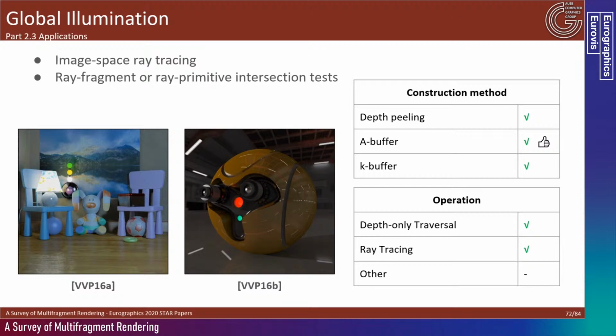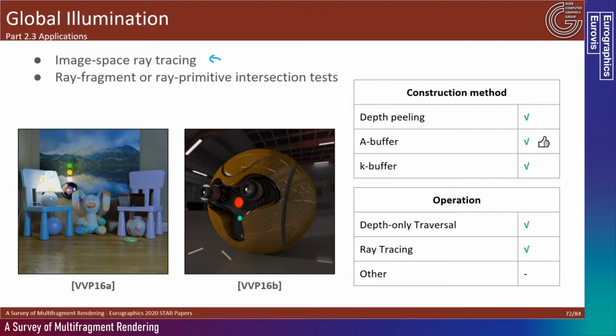Traditional single-layer GI techniques are fast, but suffer greatly from visual instabilities due to the missing geometric information inside and outside the viewing frustum. With MFR, it has been shown that image space GI can be greatly improved by combining the multi-layer information that is stored in the per-pixel data structures with the image space ray tracing operations that were discussed previously.